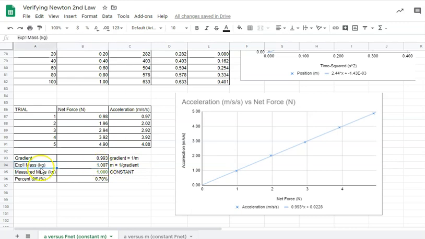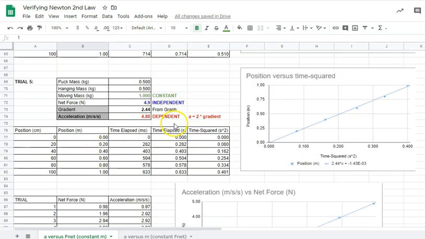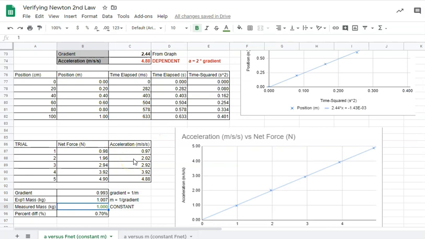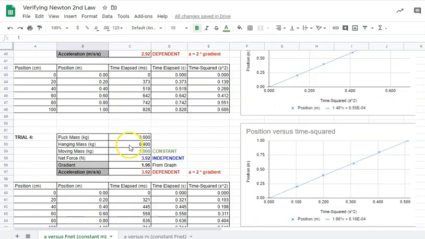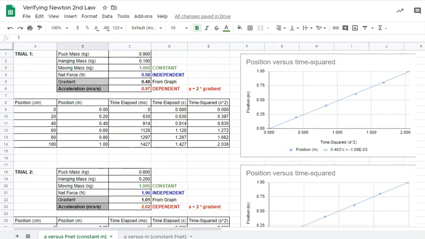So the experimental mass is the inverse of the gradient, so 1 over the gradient. And we compare that to the measured mass. So that's the mass that we keep constant, the total moving mass, which includes the trolley plus the hanging mass. So we compare it, and then it does a percentage difference. Okay, so that's the first investigation.